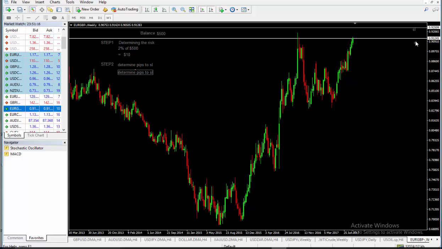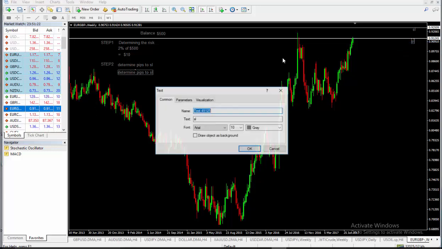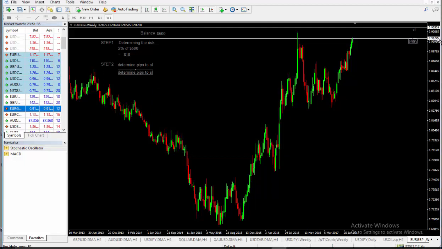And our entry would be somewhere here, right? The entry would be somewhere there.